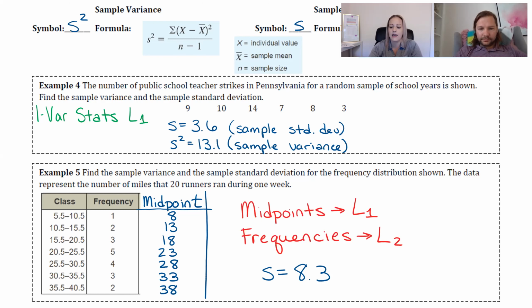So that lowercase s, which will be about 8.3. And then do vars, stats, grab the s, square it, and then you'll get that the sample variance is about 68.7. So same process as far as finding these when it comes to a frequency distribution table, just the only thing is that you have to find the midpoints first.